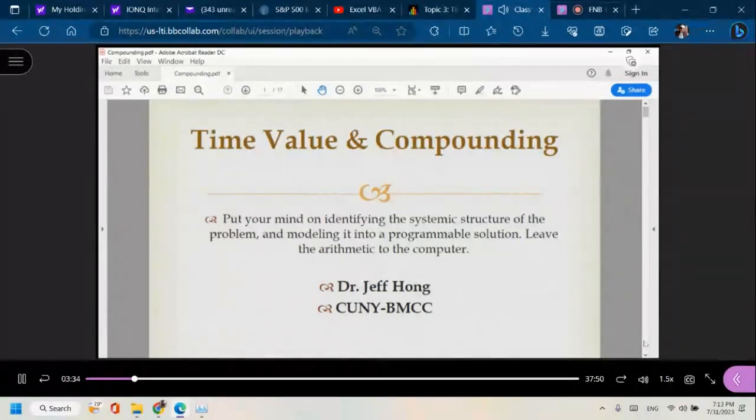You are sacrificing today's gratification for a bigger gratification 1 year from now. If the interest rate is 10%, 1 year from now it's going to be $11,000. That's the future value. As long as there is no inflation between now and 1 year later, you will have 10% more purchasing power.